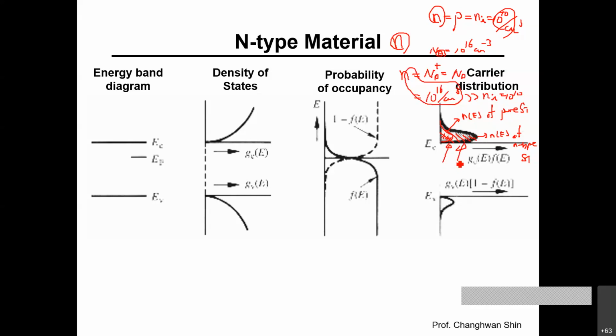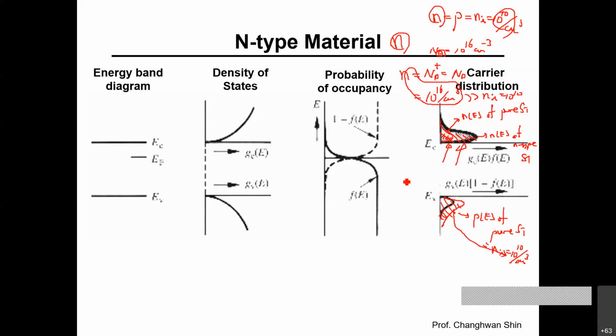Then what about the hole, the minority carrier in n-type silicon material? Originally, the hole concentration, this is p of E of pure silicon material, is equal to n i, 10 to the 10 per cubic centimeter, and this hole area should match 10 to the 10, 10 billion.